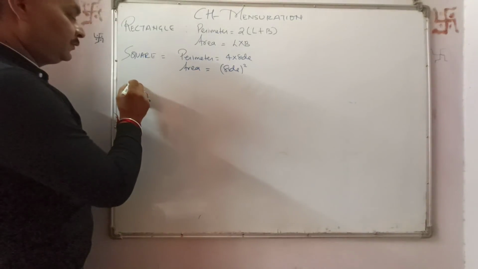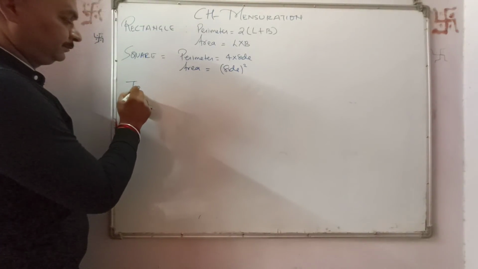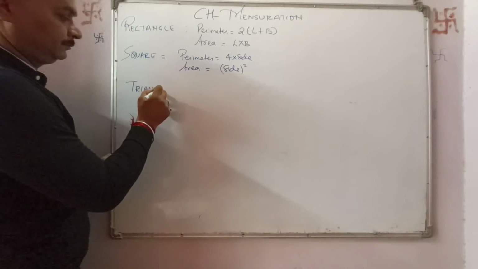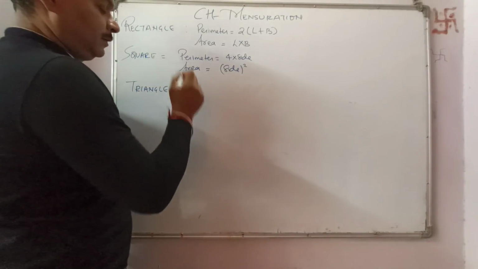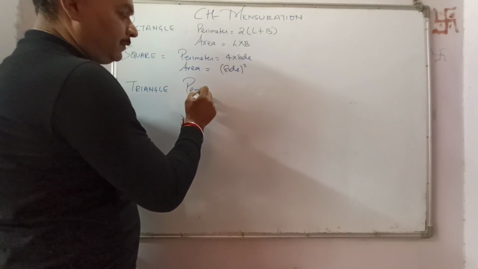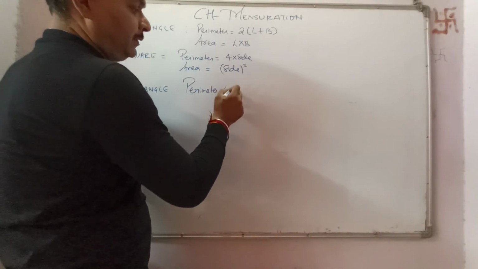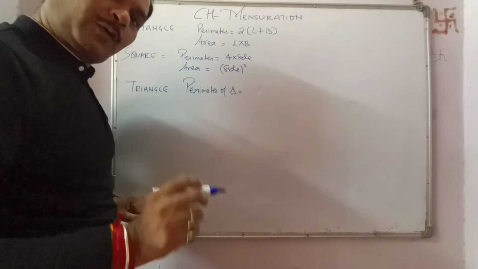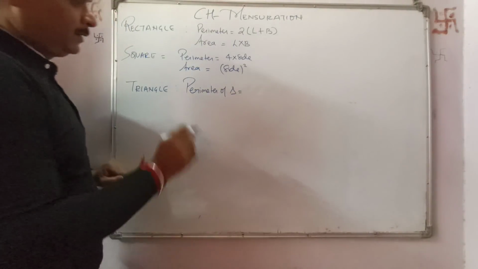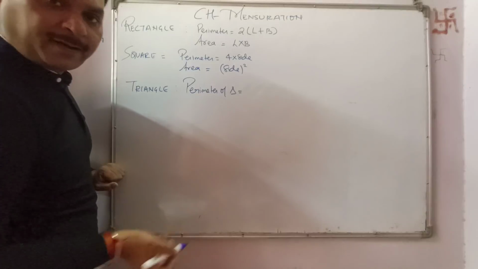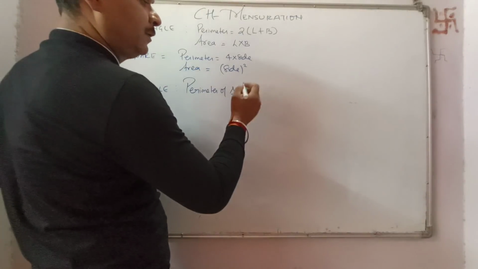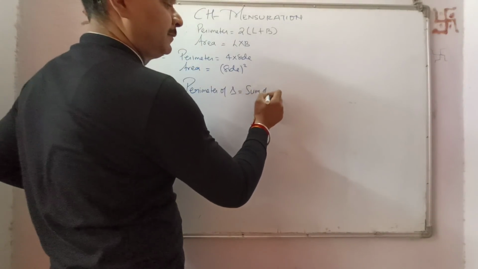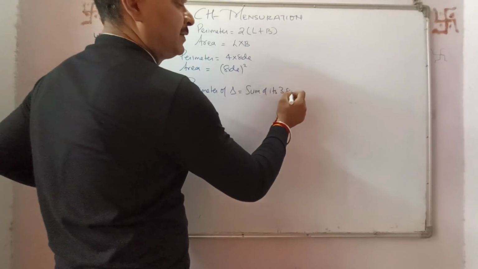Now we come to triangle. Perimeter means the sum of all the sides of a closed plane figure. Since the triangle has 3 sides, the perimeter of a triangle is the sum of its 3 sides.